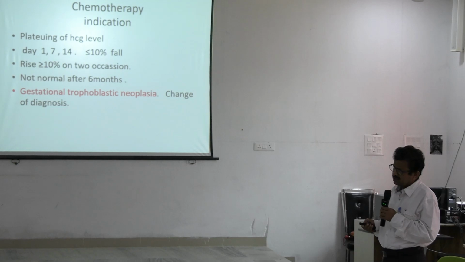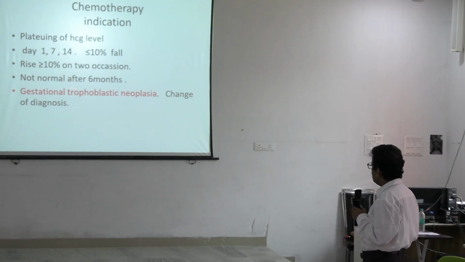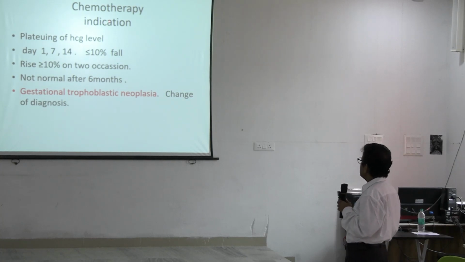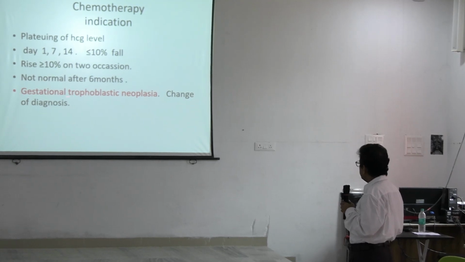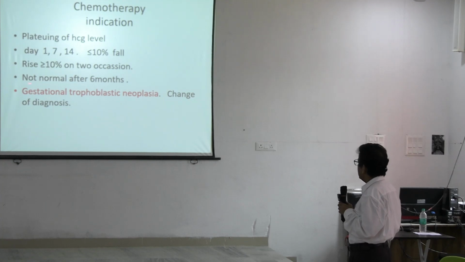Whatever low level may persist, if it is not normal after 6 months, that is an indication that something is wrong, so you have to start chemotherapy. In that case, it will be called gestational trophoblastic neoplasia.